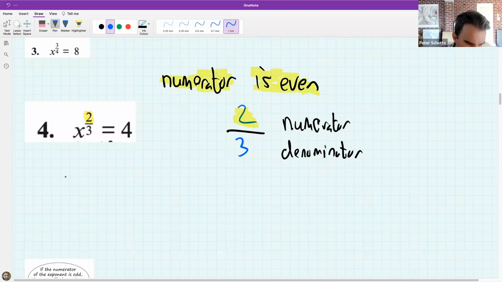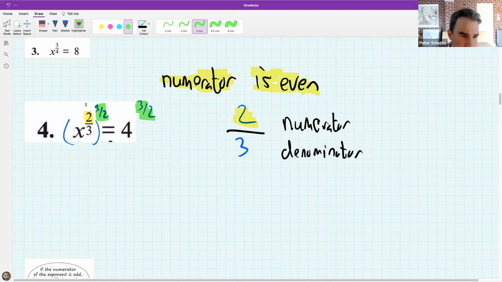Okay, so the first step is that you raise both sides to the reciprocal of the power. So I'm going to just do this. Now that feels very familiar to what we were doing before. Nothing too exciting there.